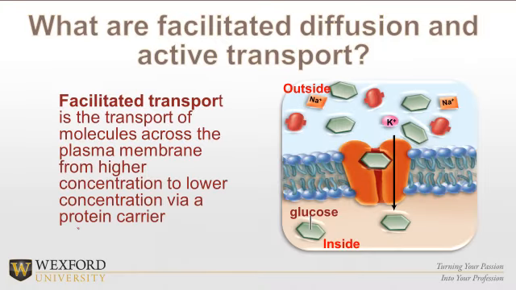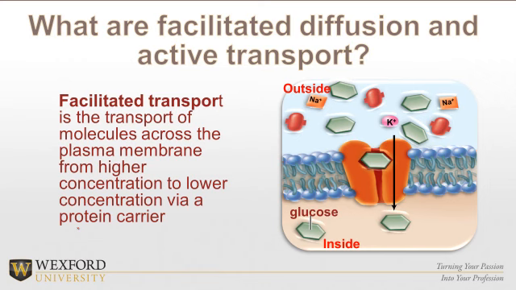We talked about diffusion, we talked about osmosis, and we introduced the concept of tonicity. Now we're going to talk about facilitated diffusion and active transport. As I already mentioned, facilitated diffusion takes part with a special molecule that crosses that membrane, a specialized protein channel, and it goes from a high concentration to a lower concentration.